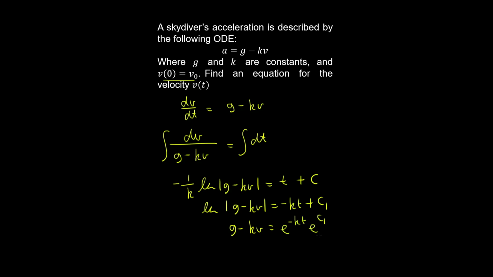And this is just some other constant, so we can write g minus kv is equal to c e to the minus kt. And now you can easily solve for v, apply your initial condition, and write the particular solution, and post your answer in the comments.